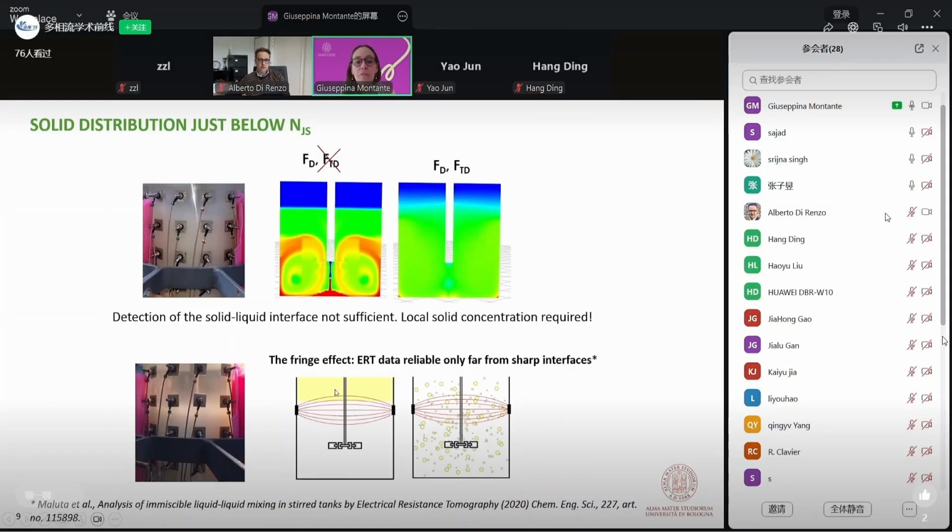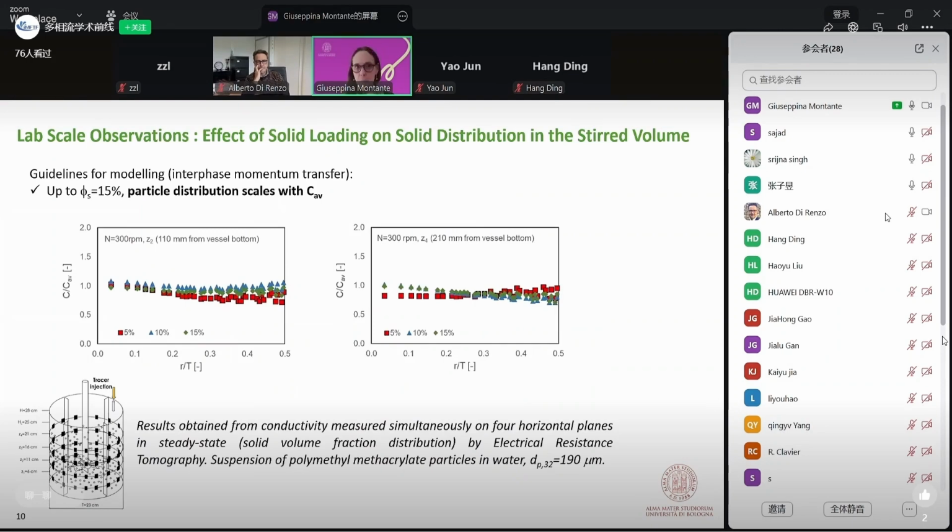Provided that we are far from the interface, where the so-called fringe effect makes the ERT measurements not reliable, we can trust these measurements.